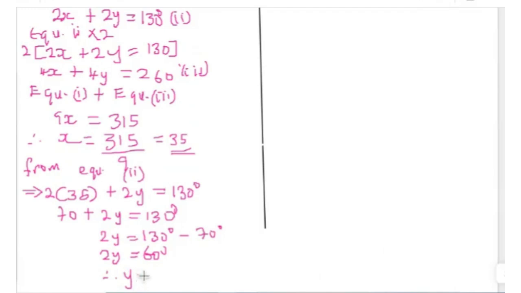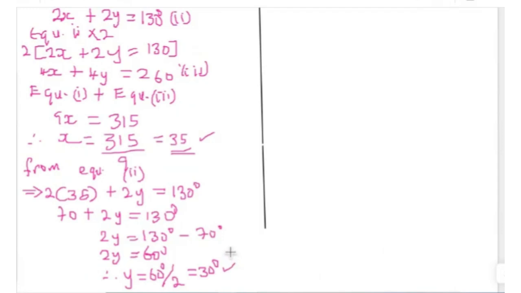Therefore, y is 60 degrees over 2, which is equal to 30 degrees. Okay, so we've been able to obtain the values: x is 35 degrees and y is 30 degrees.